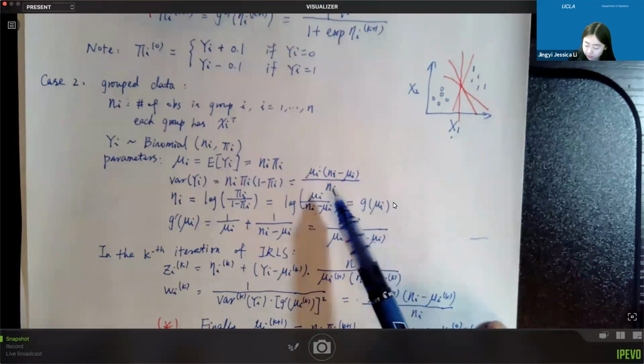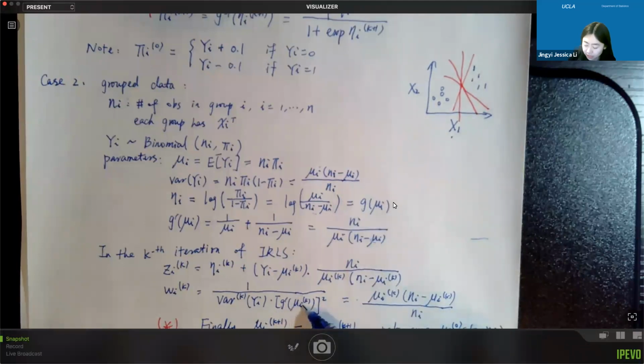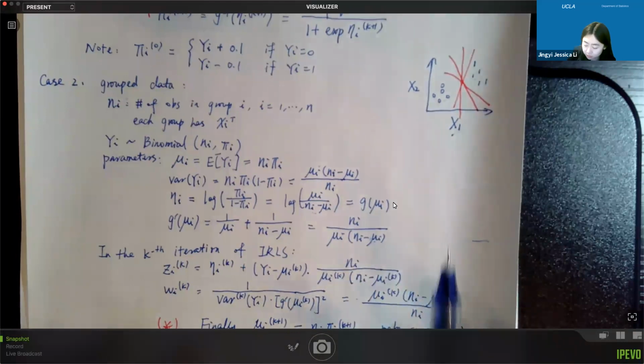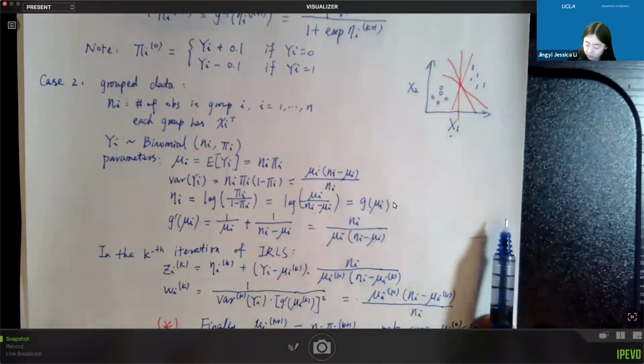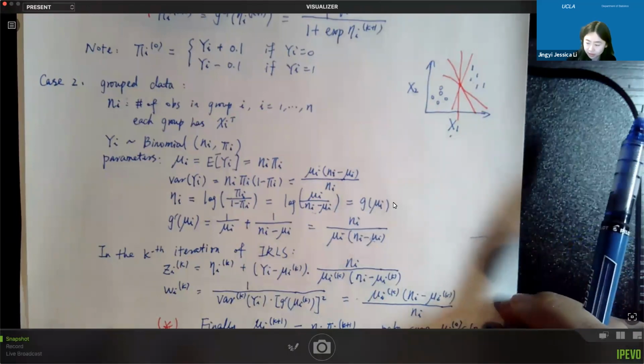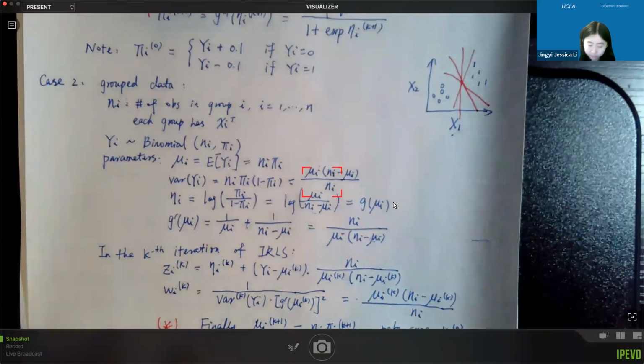So when we multiply them, they get canceled. So we're only left with g prime mu ik in the denominator. I will take its inverse. So that will give me mu ik times Ni minus mu ik divided by Ni. Okay, so with the working dependent variable and with the weights, we are now finally able to update our parameters.